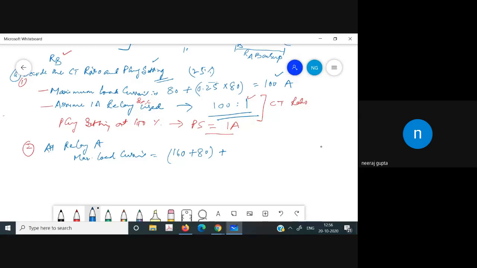So finally, we are getting the value of 300 amperes.